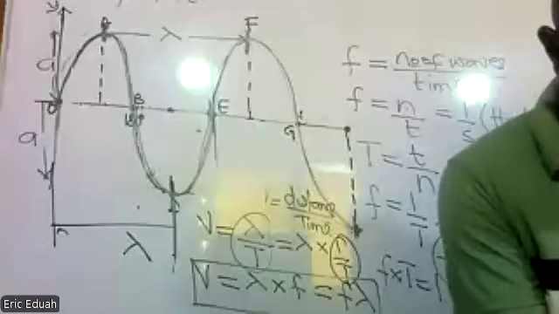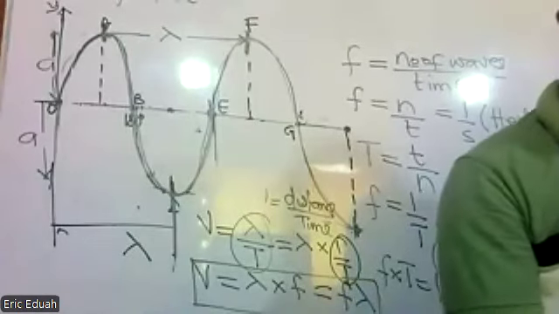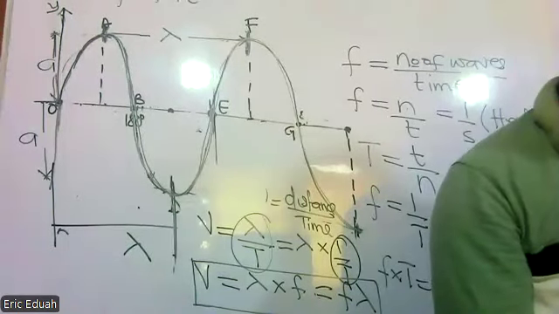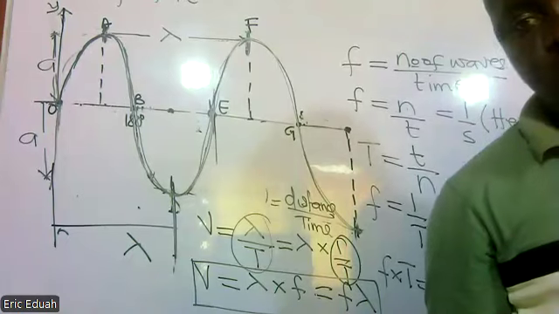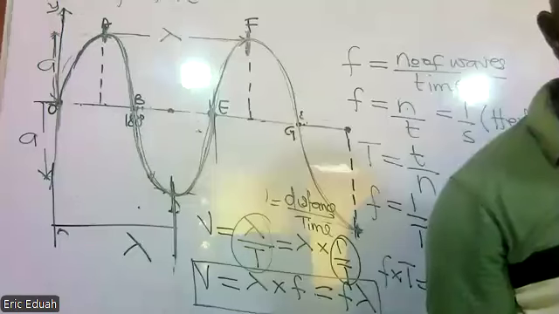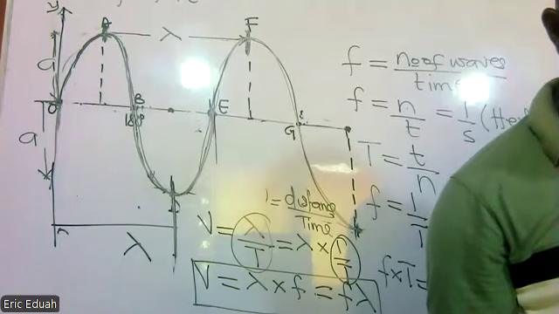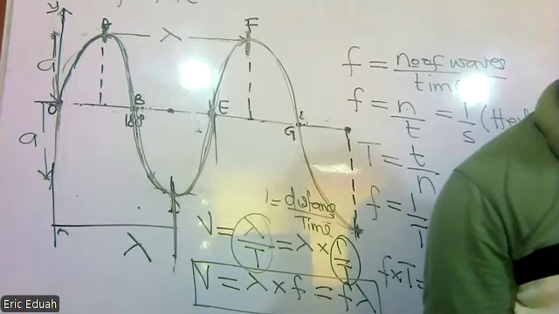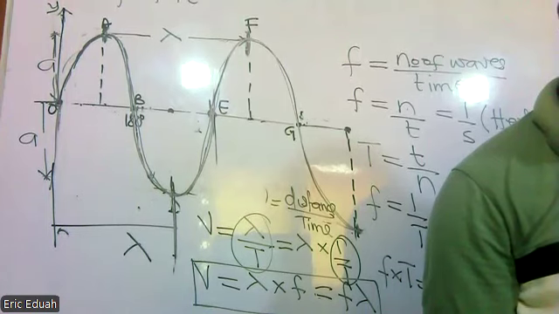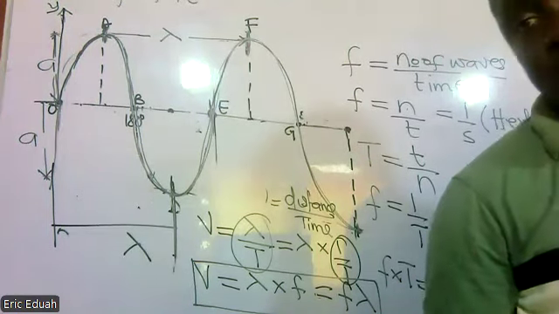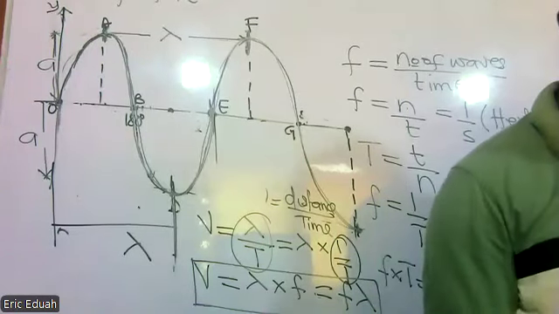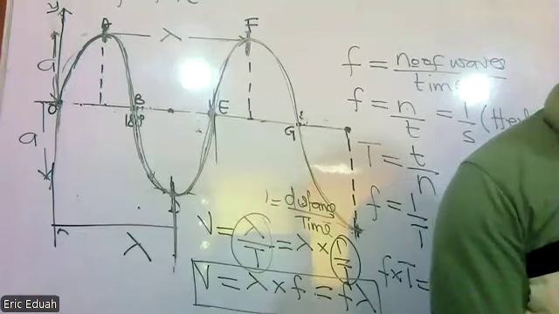If a radio station broadcasts on a wavelength of 1,500 meter, what is the frequency of transmission?